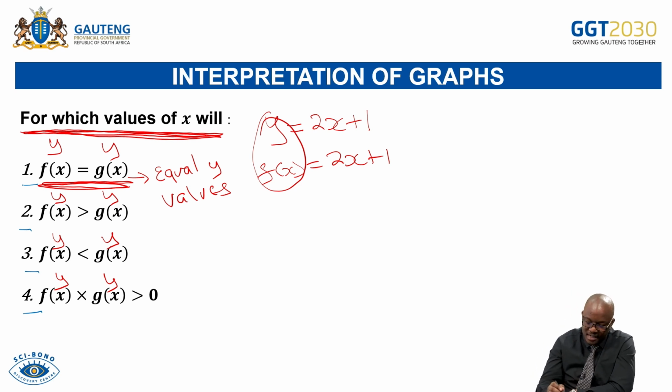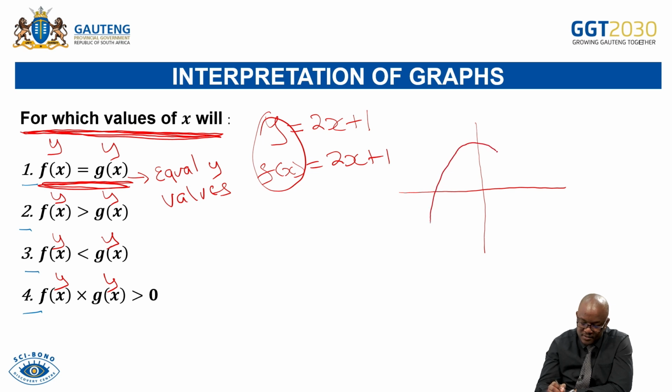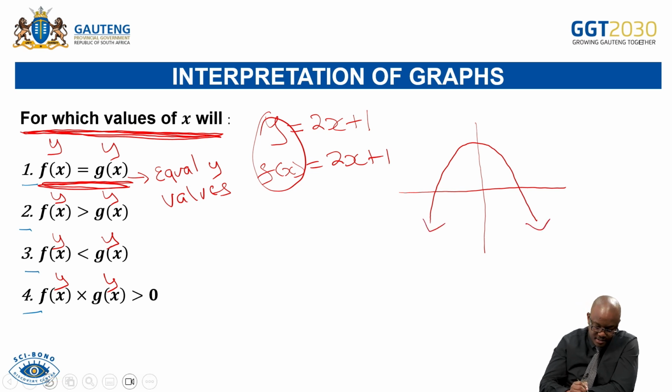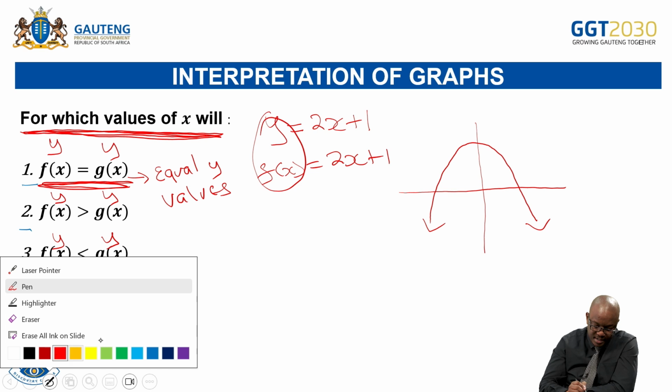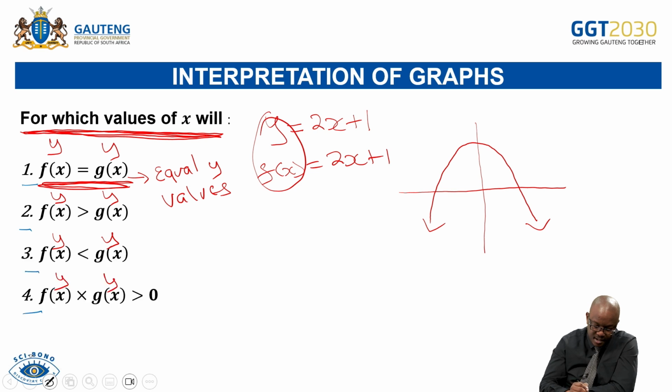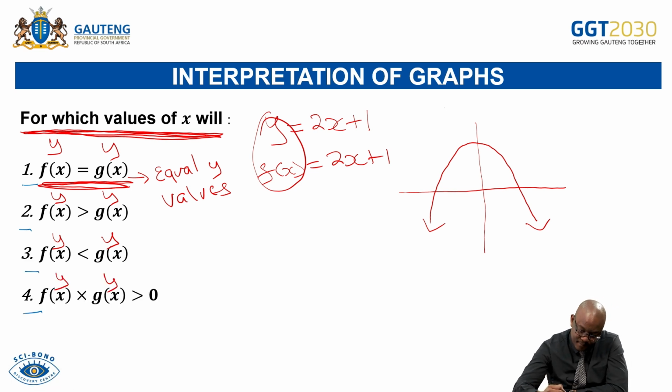For instance, I will make an example. If you have a graph like that, we call it a parabola, right? So on our parabola, let's say it's facing downwards. Then we have our straight line coming like that. Correct.